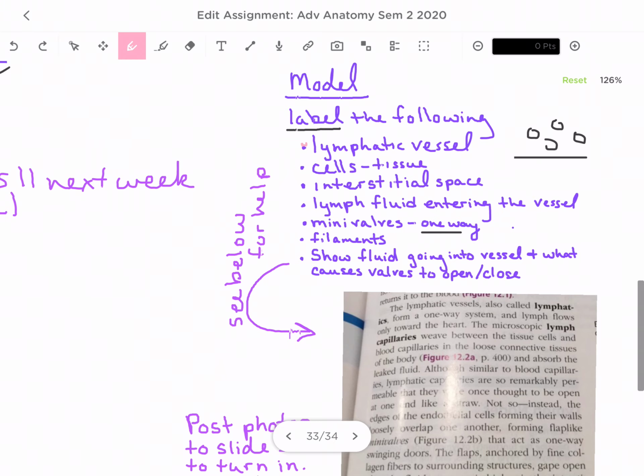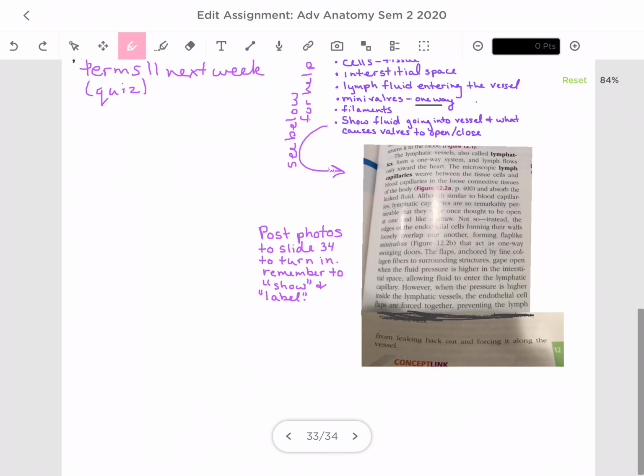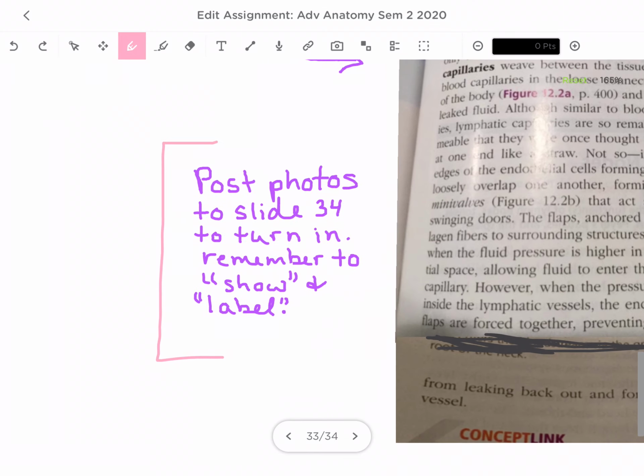And then I would like for you to make your model and then post some photos to slide 34, which is the next slide, to turn that in. You're not going to be able to do it in one photo. Some of you guys, I know you, are like, challenge accepted, but I want you to remember that you have to show things happening.